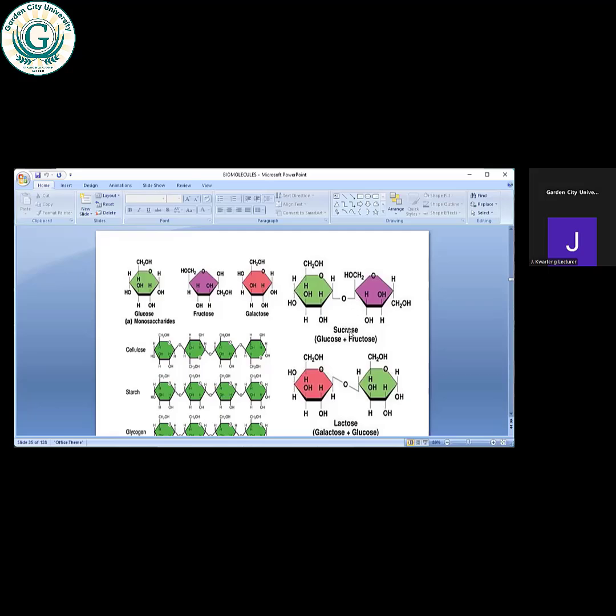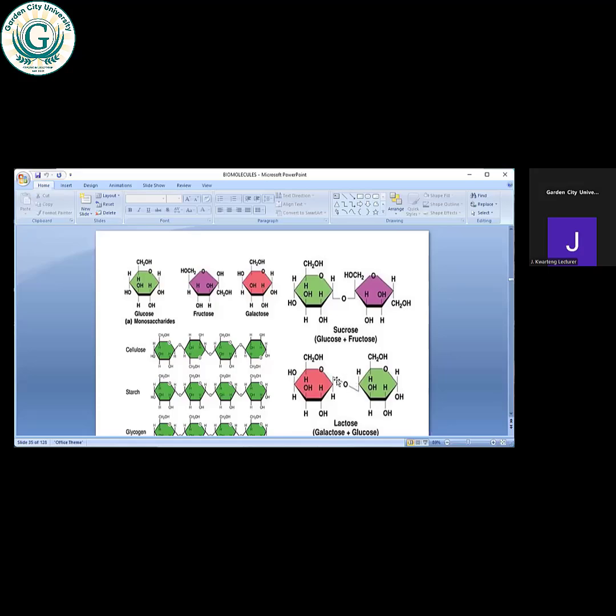Then if you have galactose joining with glucose, they form what we call lactose. This is what occurs in breast milk and other forms of milk that we use. Now watch this and watch this. You can see that between the two, there are linkages, but the form of linkage is different.